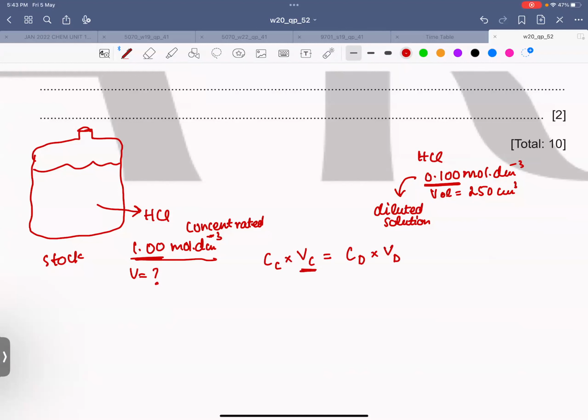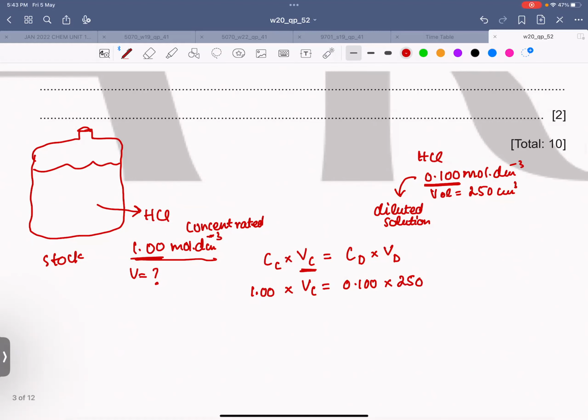This is unknown, and we know all the rest of the three values. The concentration of the concentrated solution is 1 mole per dm cube. The volume of the concentrated solution is unknown. The concentration of the diluted solution is 0.100, and the volume of the diluted solution is 250 centimeter cube.